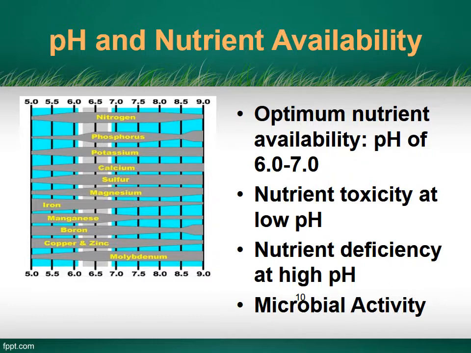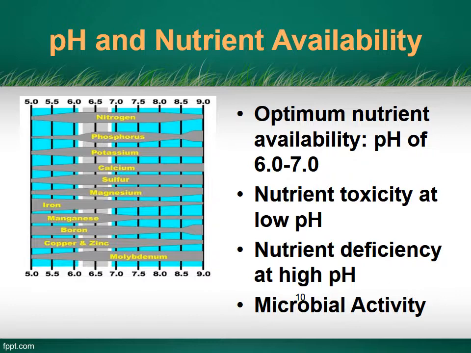At the other end, if you're trying to grow plants in, let's say, your flower bed or vegetable garden, and the pH is 7, 7.5, or a little bit above, you're probably going to have a deficiency in some of these different micronutrients. Even if you have plenty of it in the soil, it may be present, but it's just not available for your plants to be able to take up.